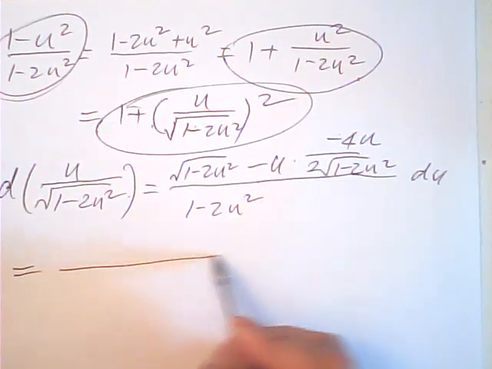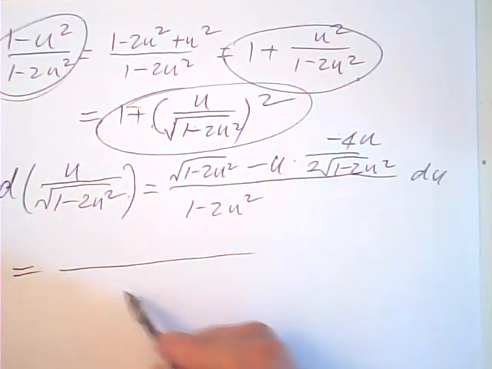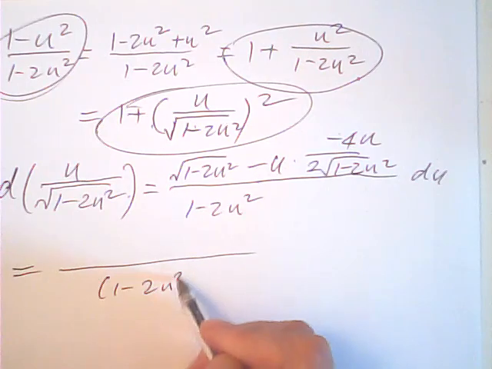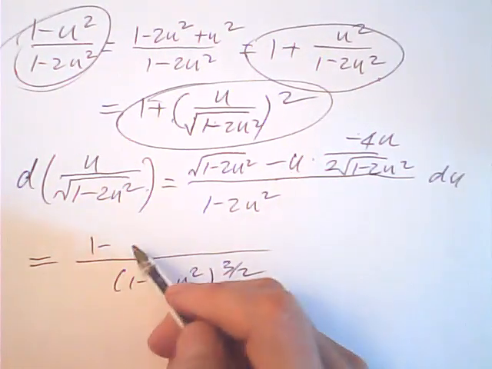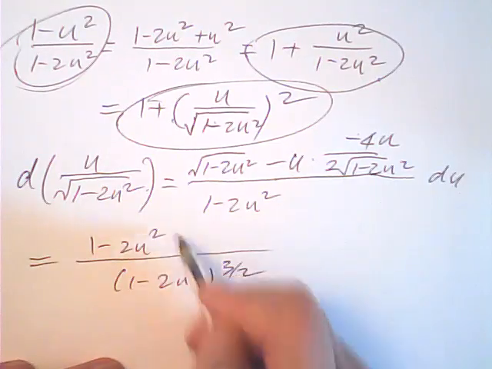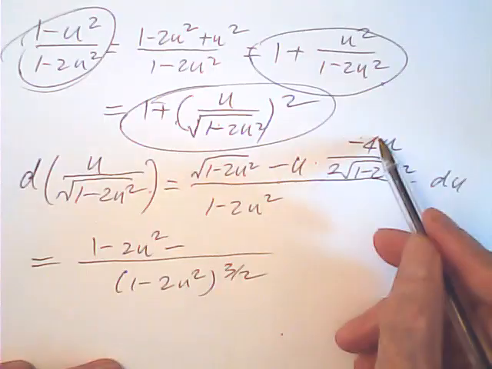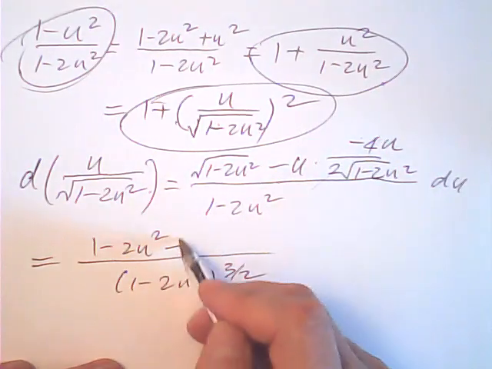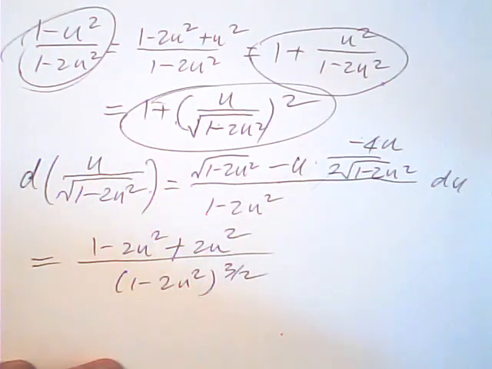Then this one is equal to, multiplying this one both top and the bottom, 1 minus 2u square to the 3 halves. So it becomes 1 minus, this 2 cancels out as 2u. 2u is negative plus 2u square. Right, this cancels out.